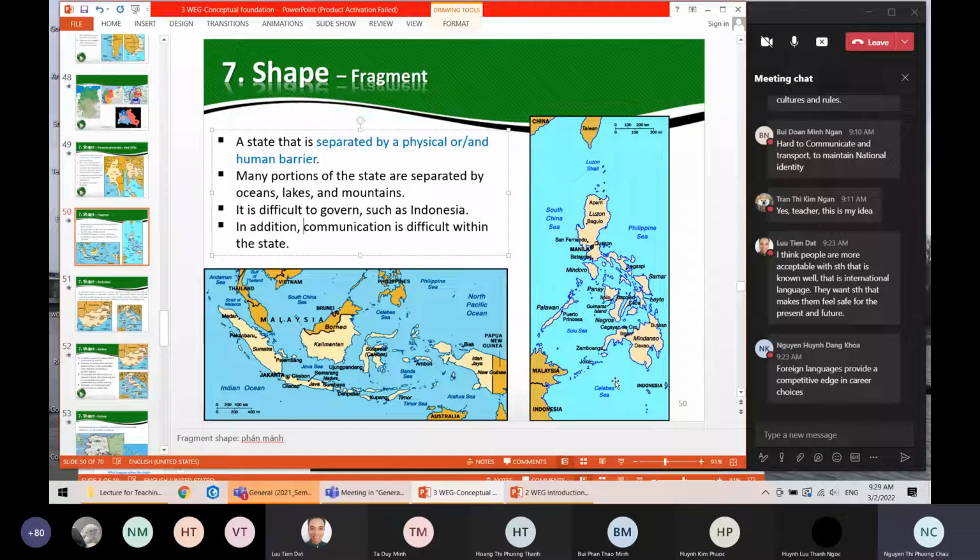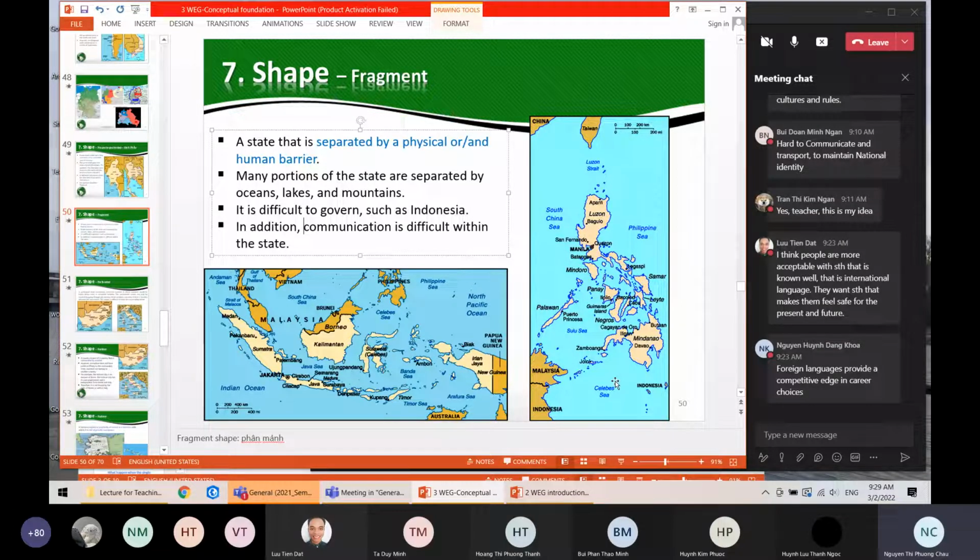Some of you mentioned that it is very difficult to control the national identity. In some cases, it is right. But in other cases, if each island has its own identity, it can be a beautiful picture of various local identities of the fragmented nation.